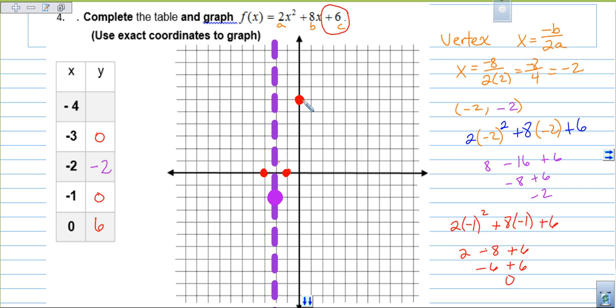And if it's 2 spaces this way, we'll go 2 spaces this way, because it has to be symmetrical. Okay? And those are the dots for our quadratic. And so if this one's 0, 6, then this is negative 4, 6, which you can see, negative 4 up to 6. Okay? Now I'm going to do my best to draw a good quadratic graph here for you.